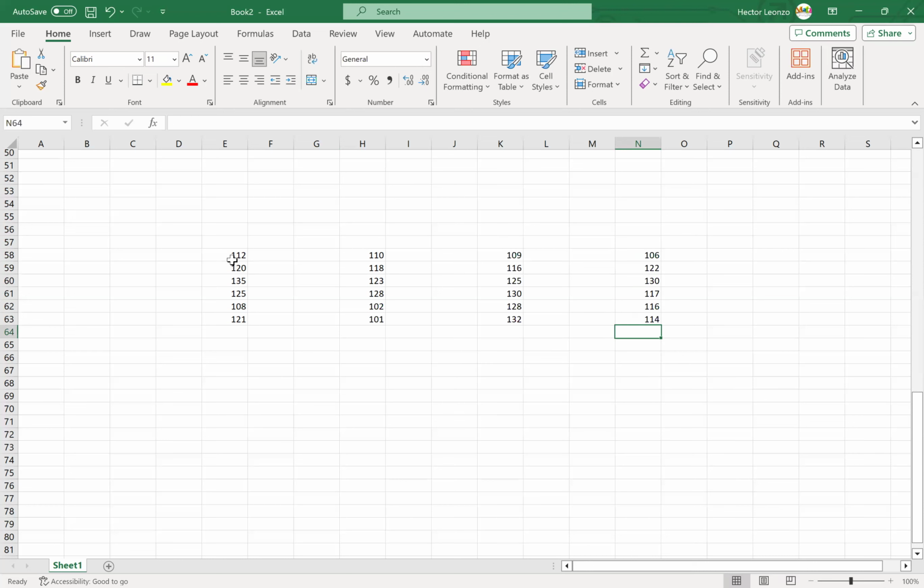Okay, so I have 24 data values here. I'm going to rank them from smallest to largest, where 1 is the smallest number and 24 is the largest number.